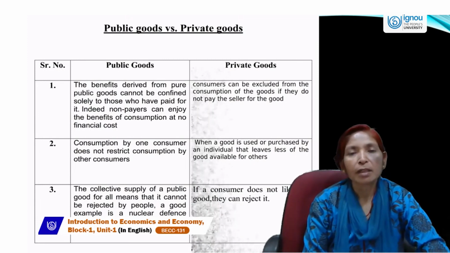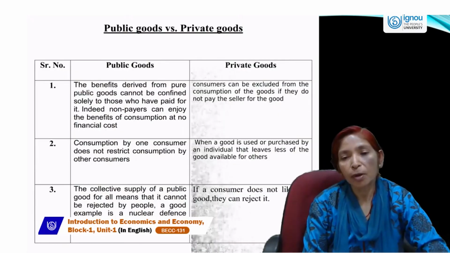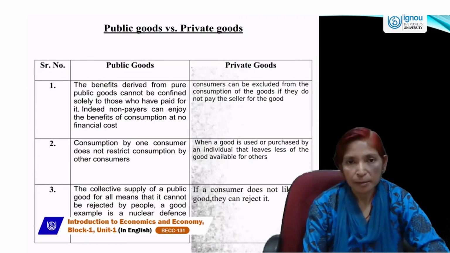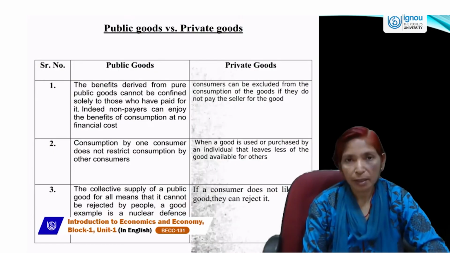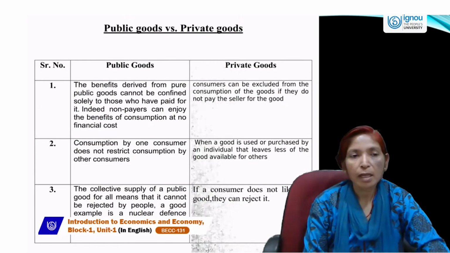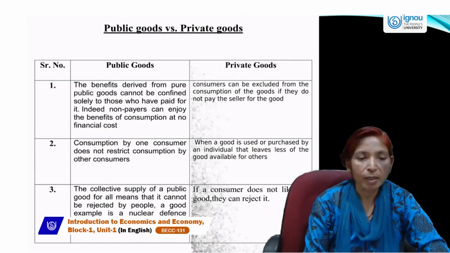Collective consumption is possible in the case of public goods. But when a good is purchased by an individual, that leaves less of the good available for others. So in the case of a private good, you can restrict consumption by another person. But in the case of public goods, you can't restrict consumption by other consumers.